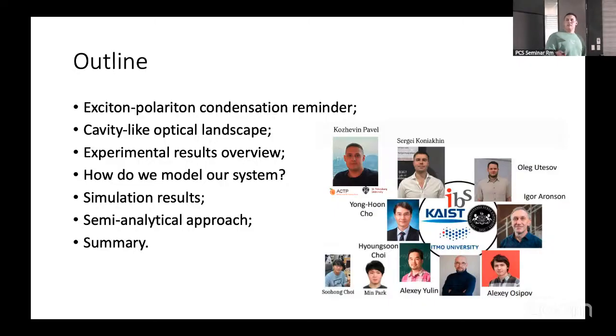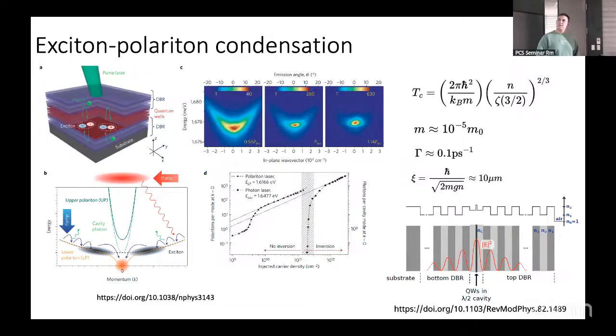And after that, I will show you some experimental results, which we model. So the next section is how do we model these results. And after that, I will give a small semi-analytical approach talk. So let's start.